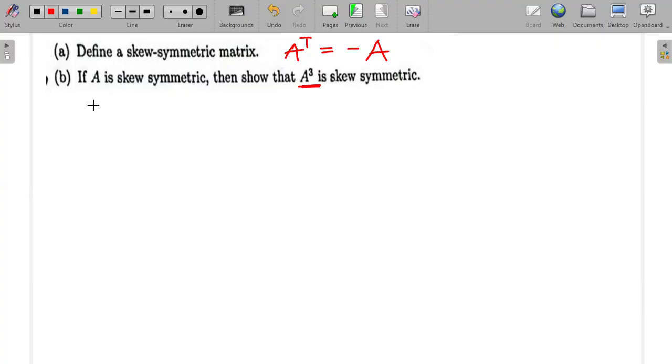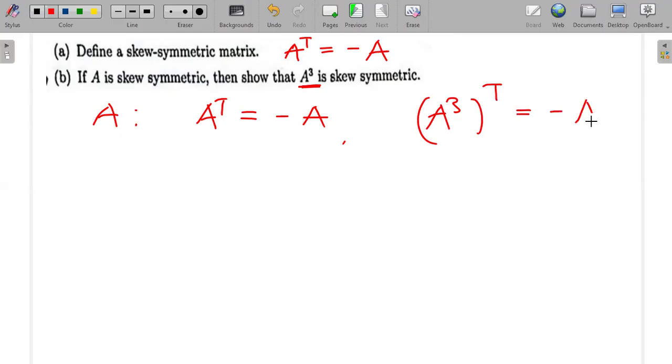Since they have said that A is skew symmetric, then A transpose is equal to minus A. Now they want me to show that A to the power 3 is skew symmetric. So I just have to show that A to the power 3 transpose is equal to minus A to the power 3. This is what I have to show.